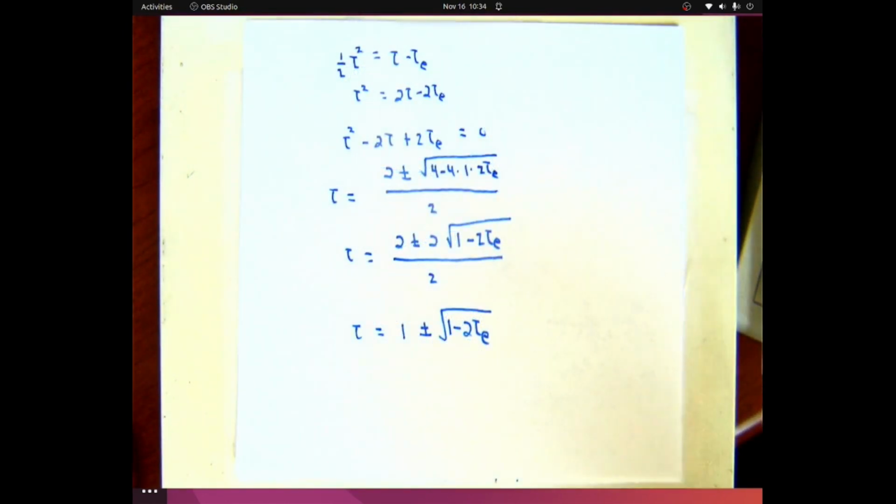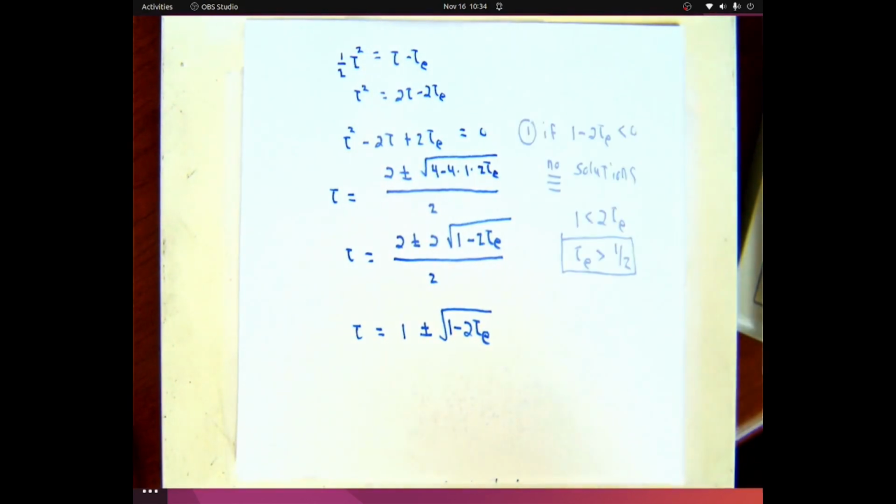To solve the indicated equation is just a matter of elementary algebra. The solution, though, has a couple of interesting features to it. If the quantity under the radical sign is negative, there are no real numbers t that will make this happen.